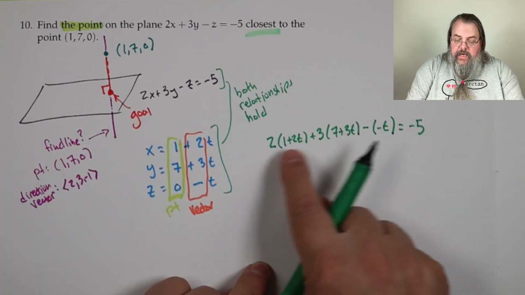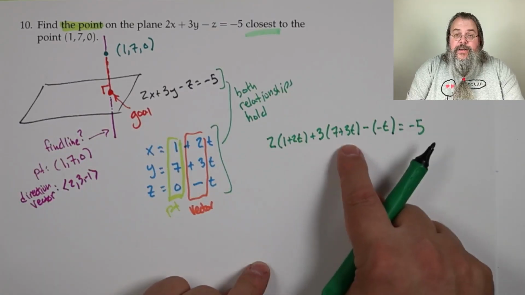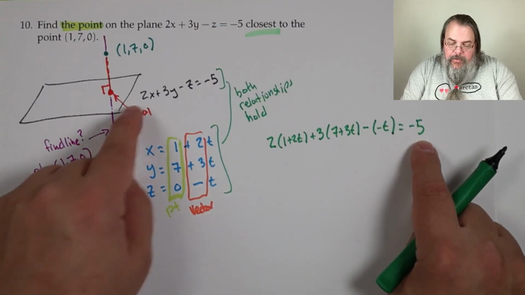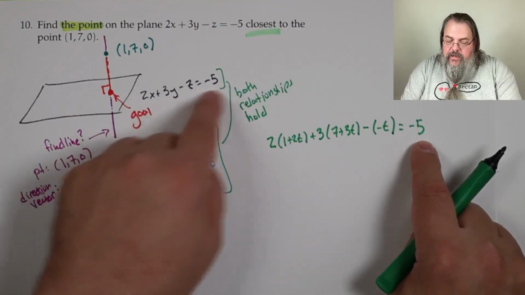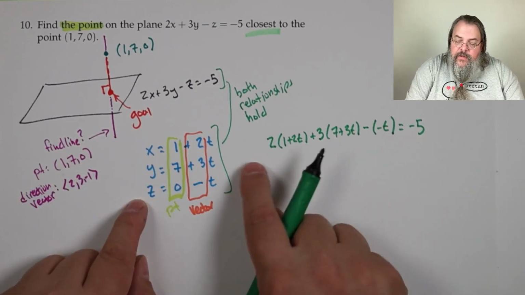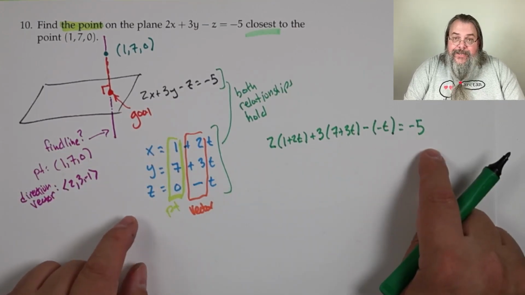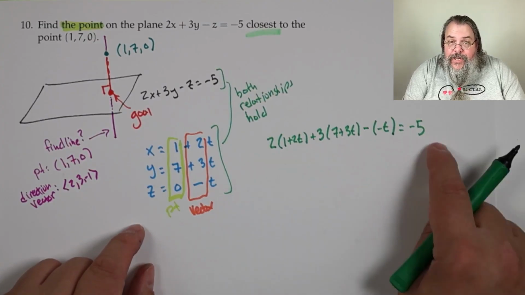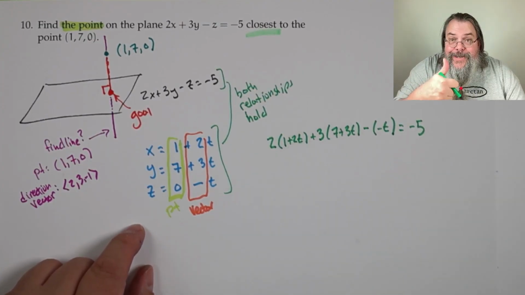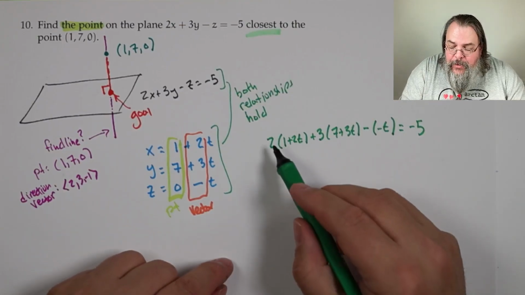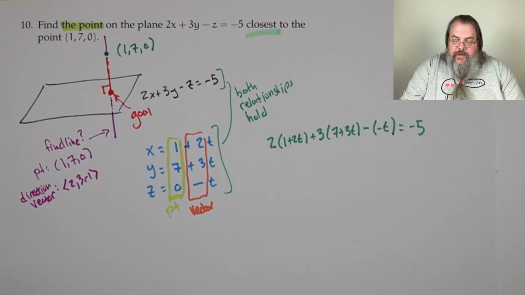Okay, so there's 2x plus 3y minus z equals -5. That's what a typical xyz on the plane satisfies. And here's an xyz on the line. So this must be true at the point of intersection. Now notice, one equation, one unknown. Just t.